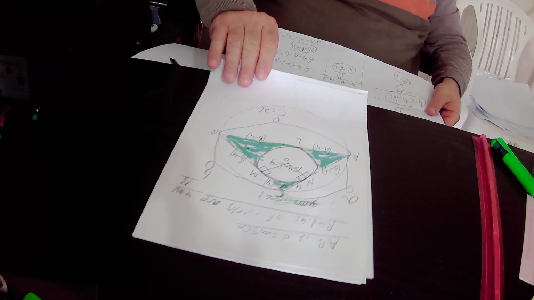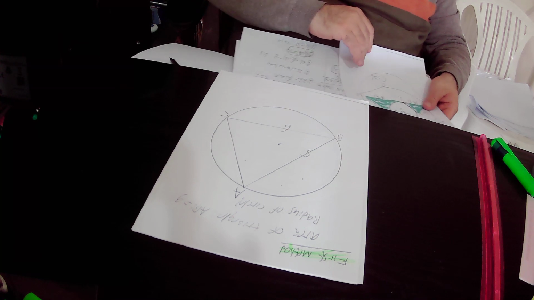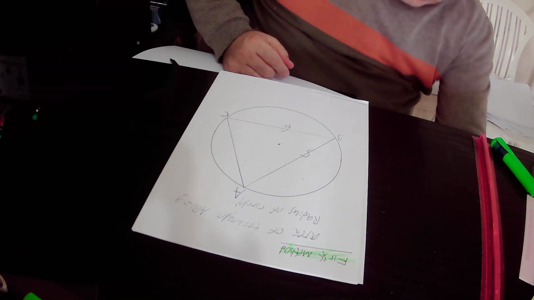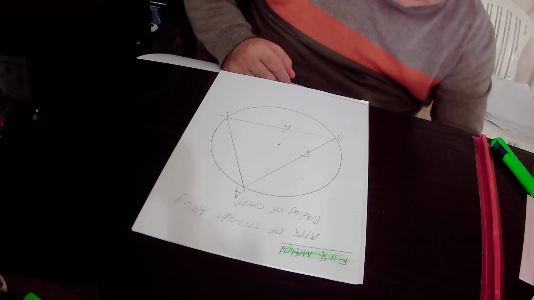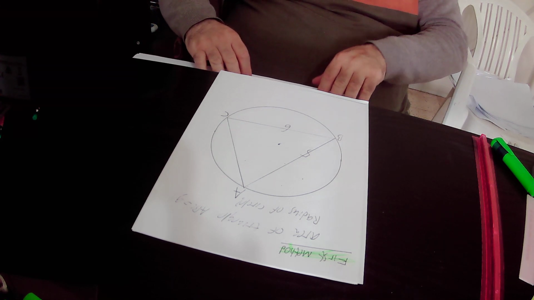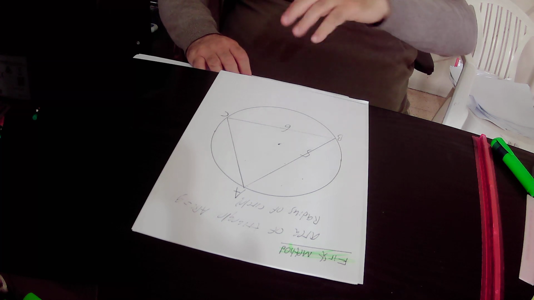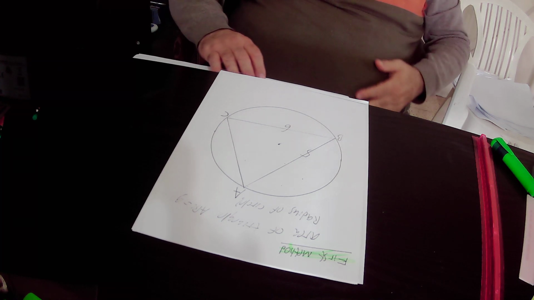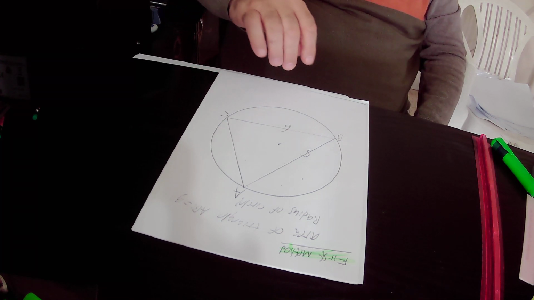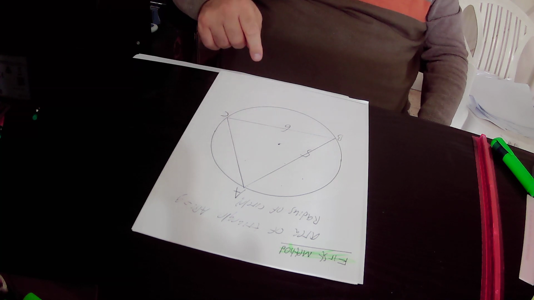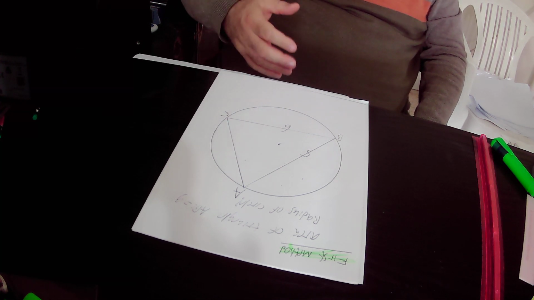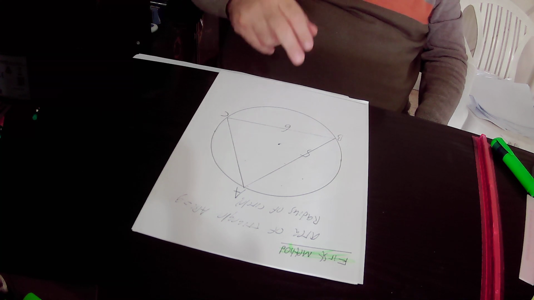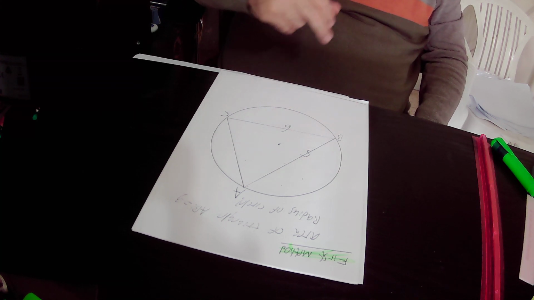In the next step, I will present to you the second question, and we will solve it in 3 different methods. So here in the drawing, we have this circle. Inside this circle, we have a triangle ABC. Actually, triangle ABC is inscribed in this circle.